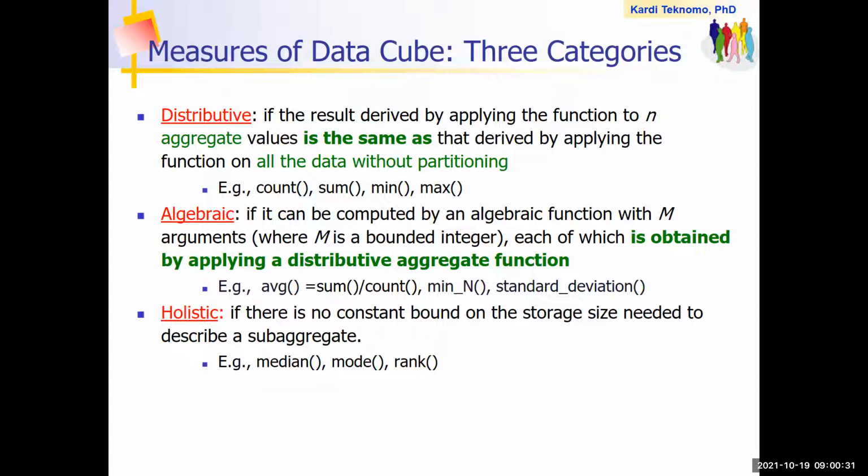Minimum of N is minimum, but you do some kind of ranking. Standard deviation is another type of measure. Next is holistic. That means there is no constant bound on the storage size. Examples are median, mode, and rank. Anyway, this is not so important, but the most important is you remember these are examples of measure.